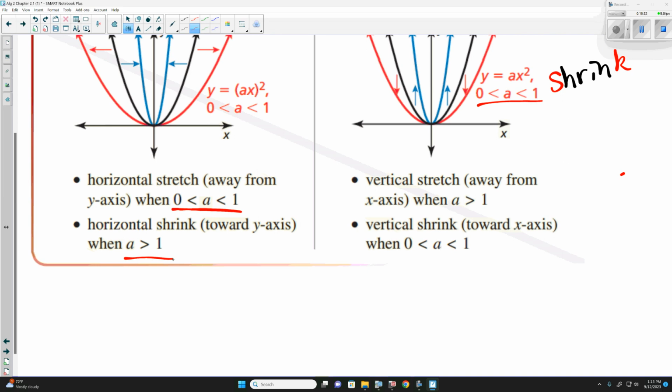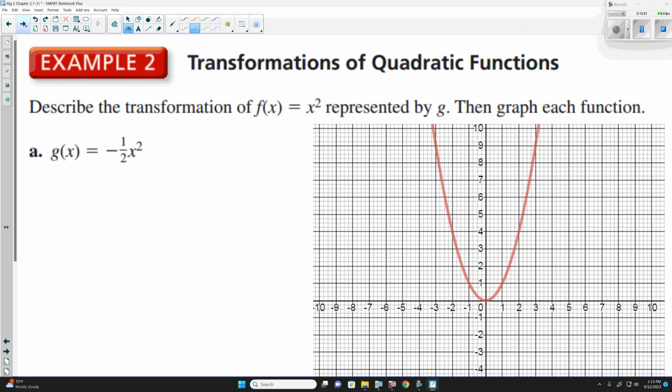And again, a number between 0 and 1, 1/2, 1/4. These here, it looks like it should be a shrink. Opposite of what we think, it's actually a stretch. And when it looks like it should be a stretch, it's actually a shrink. Does this kind of make sense? And it'll make a little more sense when we look at these.